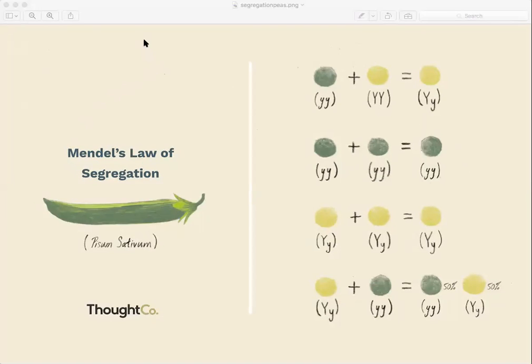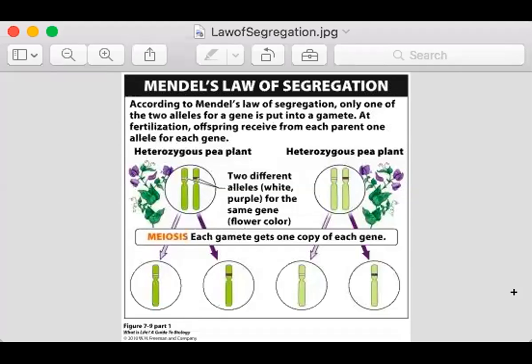And so essentially, Mendel's law of segregation: only one of the two alleles for a gene is put into a gamete, and at fertilization, offspring receive from each parent one allele for each gene.